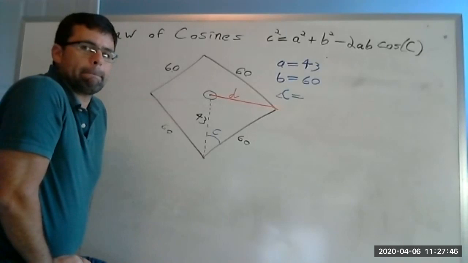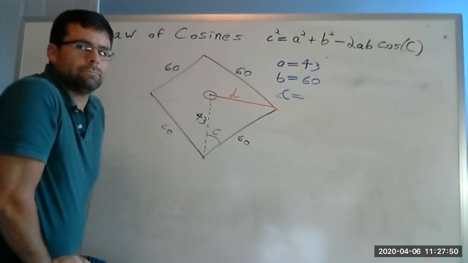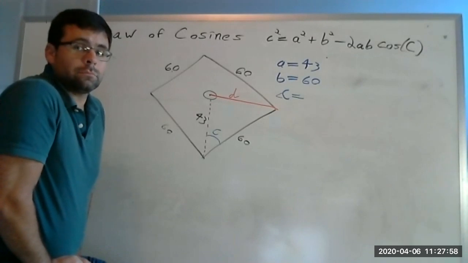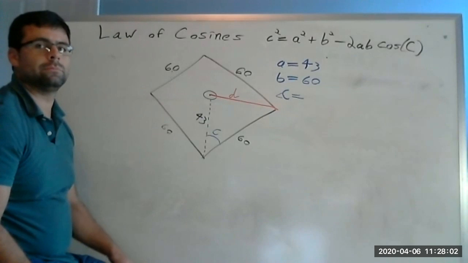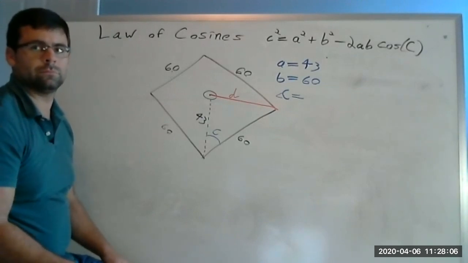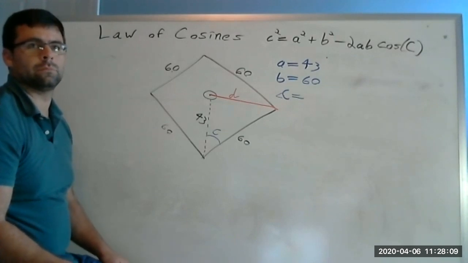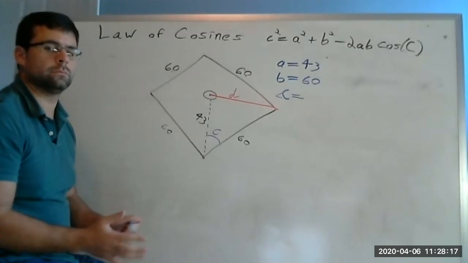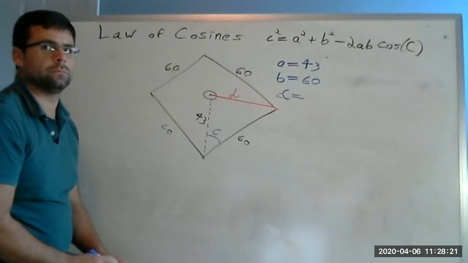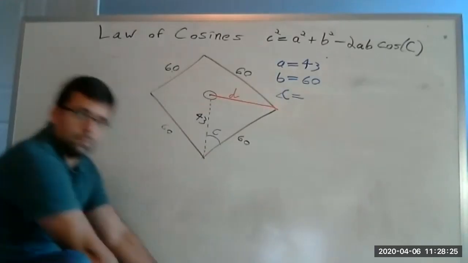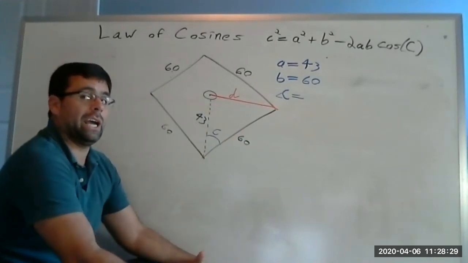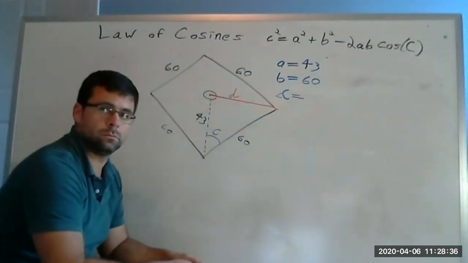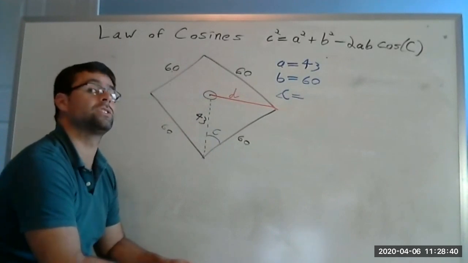What is it? 30. It's not 30. So, assuming I could draw, what shape is this? A diamond. I mean a square, I'm sorry. A square.